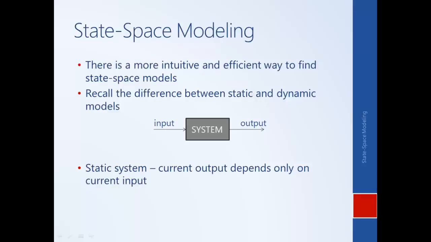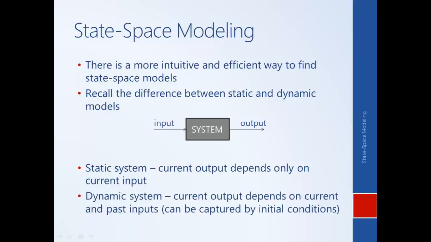Most physical systems don't behave that way. If our system is a motor and I apply 5 volts to the motor, that doesn't tell me what the speed of the motor is necessarily. Specifically, the motor will behave differently if right before I applied the 5 volts I was applying 0 volts, or right before I applied the 5 volts I was applying 100 volts.